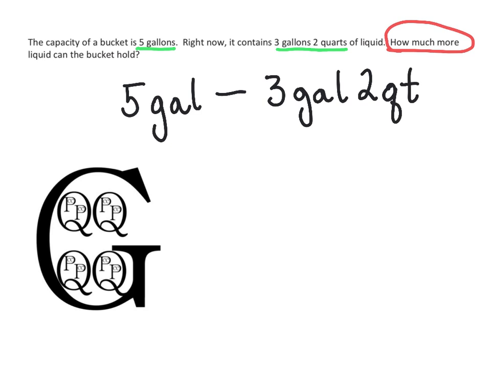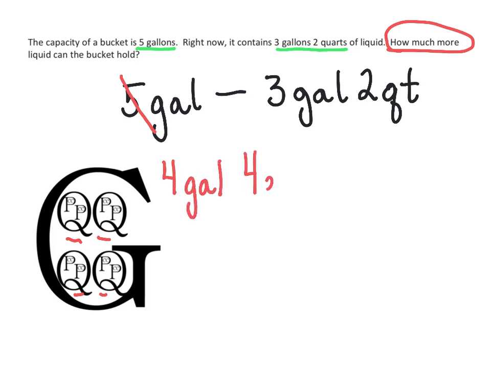So we're going to need to pull out some quarts from that gallon in order for this to work. How many quarts are in a gallon? Well, we've got 4 quarts in a gallon. So let's pull out 4 quarts, which now will give us 4 gallons.